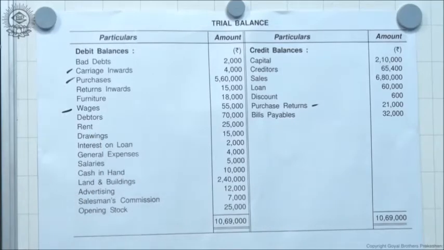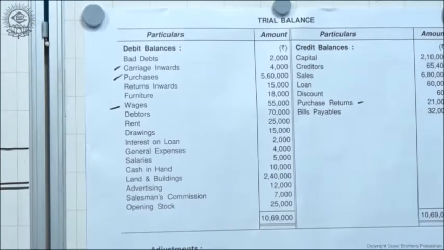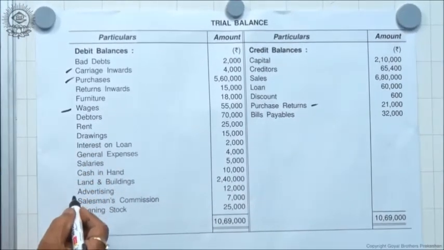Wages are 55,000. No outstanding wages. Then we have no other item of trading account.